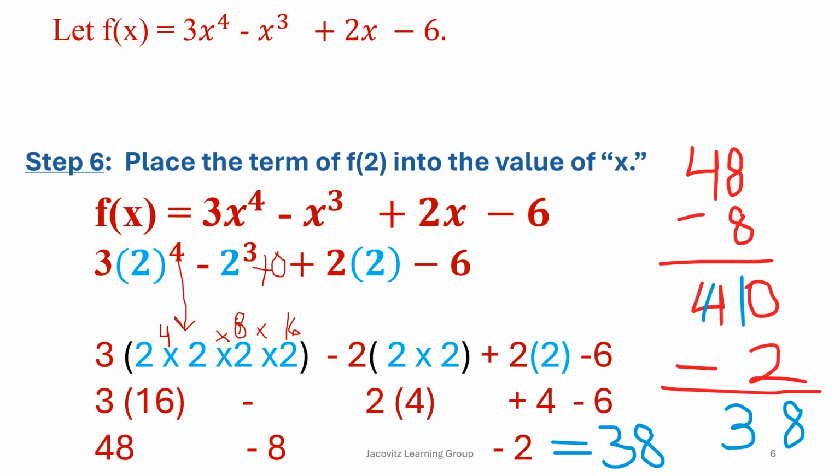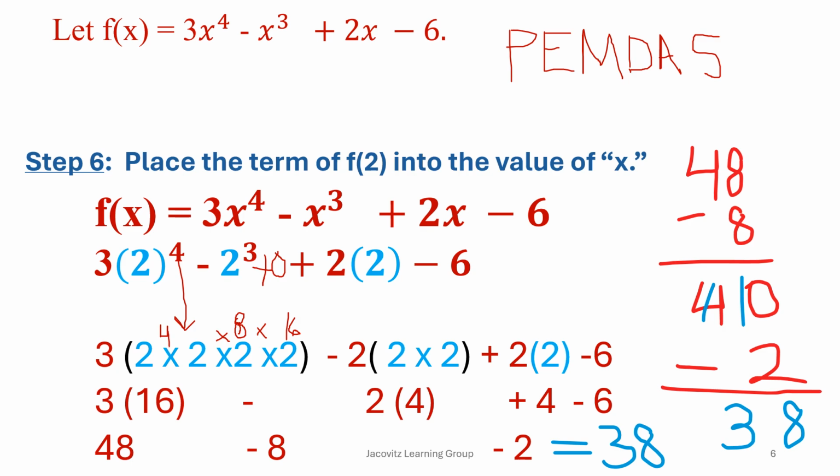And the 3 is on the outside. 3 times 16 is 48. You still have to remember PEMDAS: parentheses, exponents, multiplication, division, addition, and subtraction. But anyway, back to this. 48 minus 8, there's a minus here, so already you know that's 40. 40 minus 2 is 38.